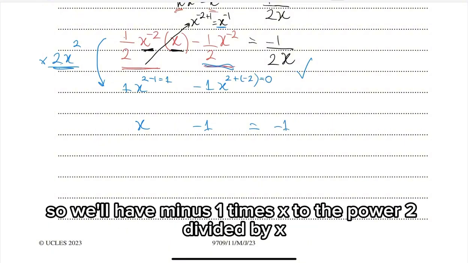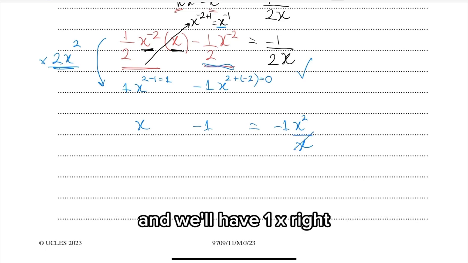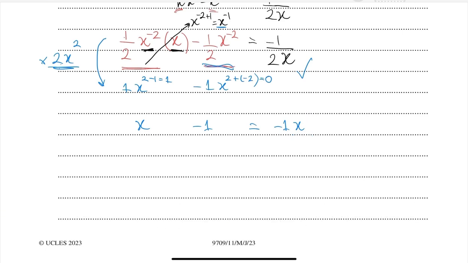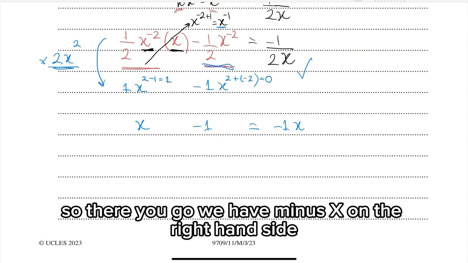So we'll have minus 1 times x to the power of 2 divided by x, and we'll have minus x on the right hand side.